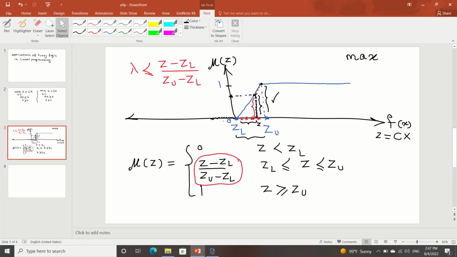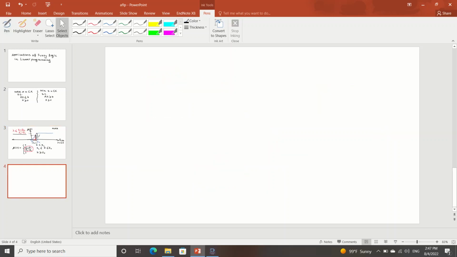As you see in this equation, I rewrite this equation.